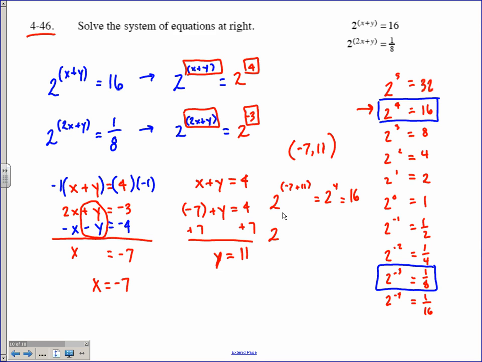And if we do 2 to the 2 times -7 plus 11, 2 times -7 is -14, plus 11 would be 2 to the -3rd, which we already know equals 1/8. So we know that these are correct. The final solution for 4-46 is -7, 11. Finally, we are done.